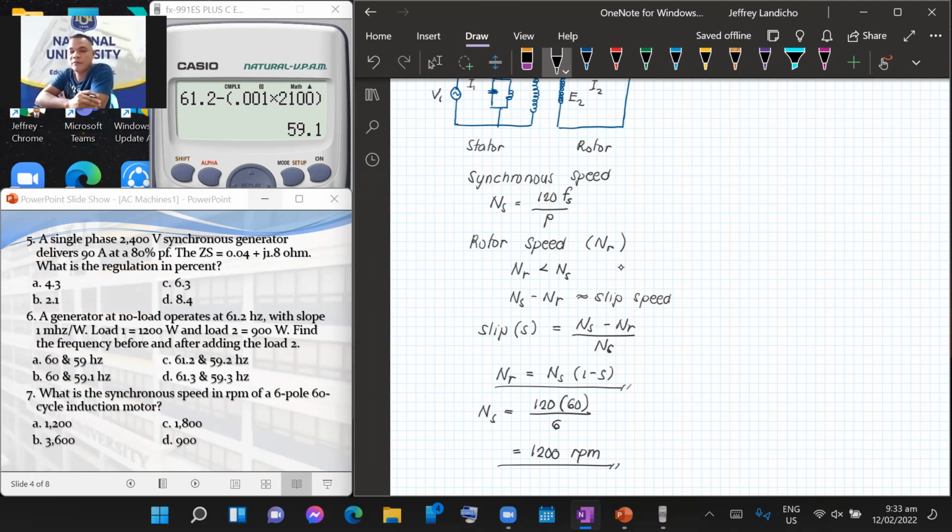And at the same time, ang behavior ng synchronous speed, that is usually divisible by hundreds. Kung nasa thousands and above yan, ang kanyang value always divisible by hundreds. So, ibig sabihin, it always ends with 2 zeros.